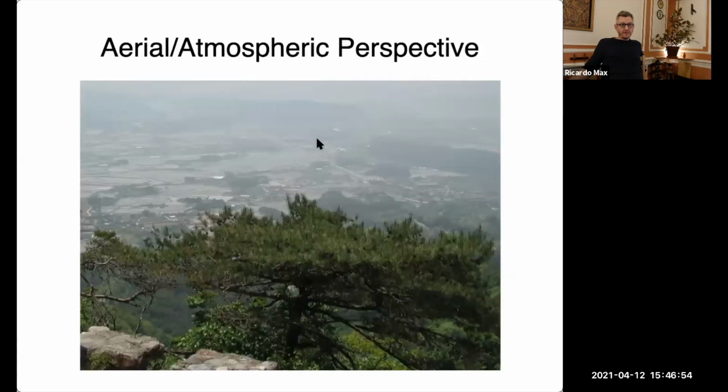As I said before, the further away something is, especially from far away distances, there is this haziness. Light is filtered out by the dust in the air, and it actually filters out some ranges of wavelength. That's why usually it looks gray or bluish.